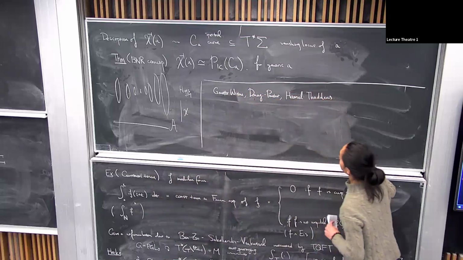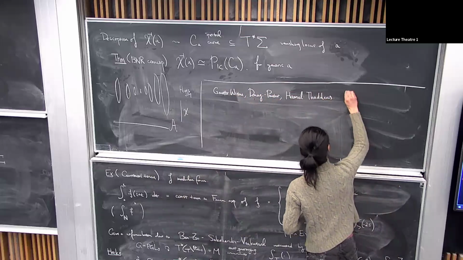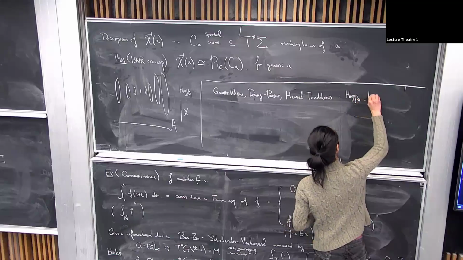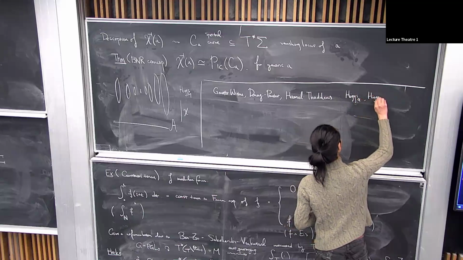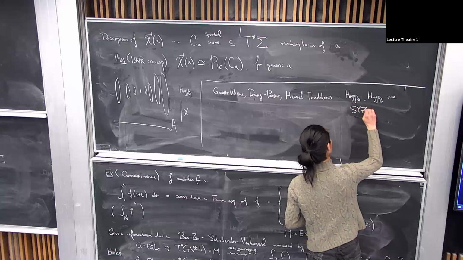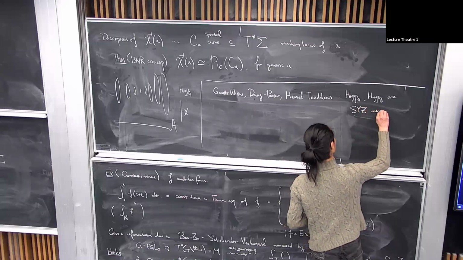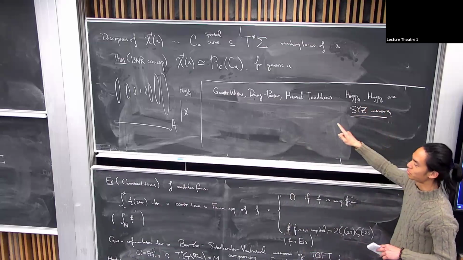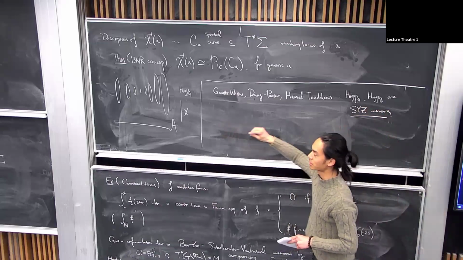The summary of this is that Higgs G and Higgs G check are SYZ mirrors. So if you know what that means, then great. If you don't, then I will draw basically a picture like this.